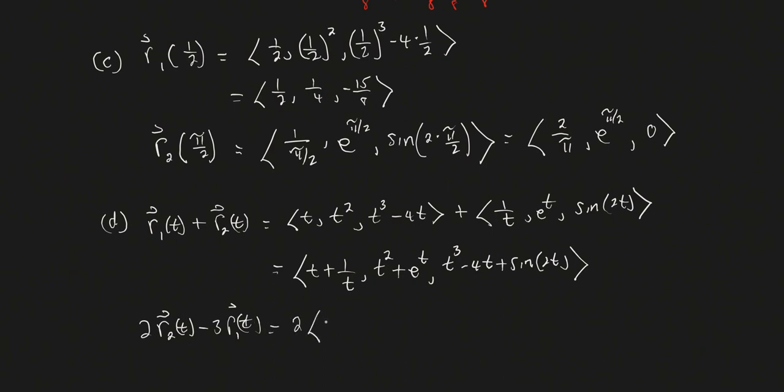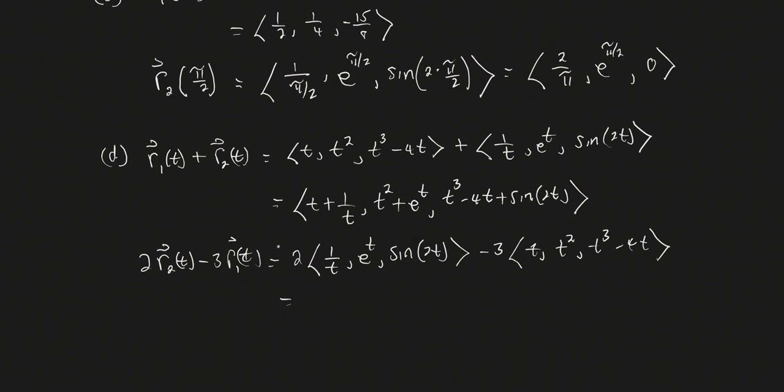So we'll have 2 times our r2 function, 1 over t, e to the t, sine of 2t, and then minus 3 times our r1 function, t, t squared, t cubed minus 4t. So again, order of operations, we're going to do our scalar multiplication first. That's what this is, because we're multiplying this vector by a scalar, and then we'll do the difference. And let's see if we can do all the operations together.